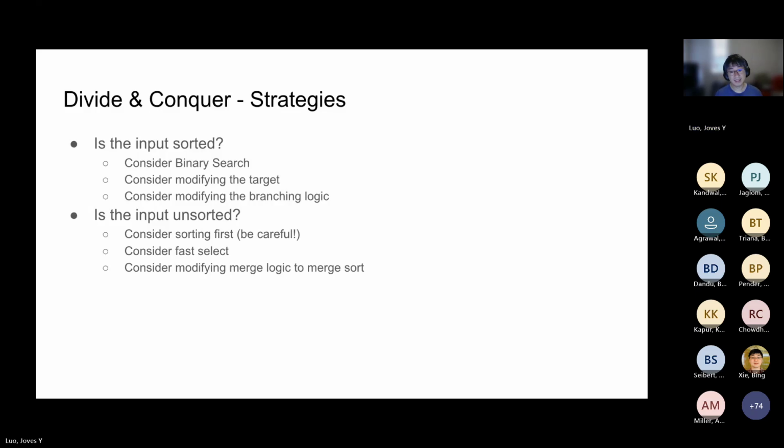Now, you have to make considerations. If I'm looking for K numbers, right? Maybe the trade-off of sorting it first, so that all your lookups are O of 1, makes sense.